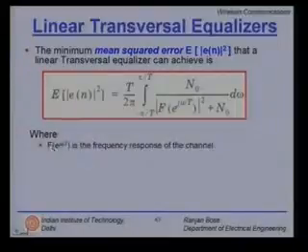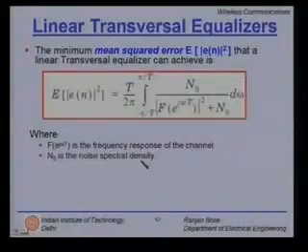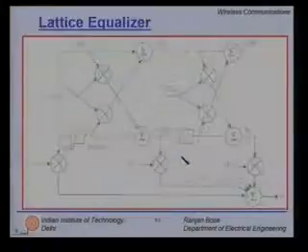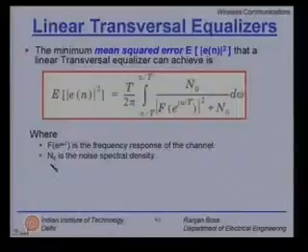Here F(e^{j omega T}) is the frequency response of the channel. N naught is the noise spectral density. So, please note that it depends on the noise. I can do nothing about it.